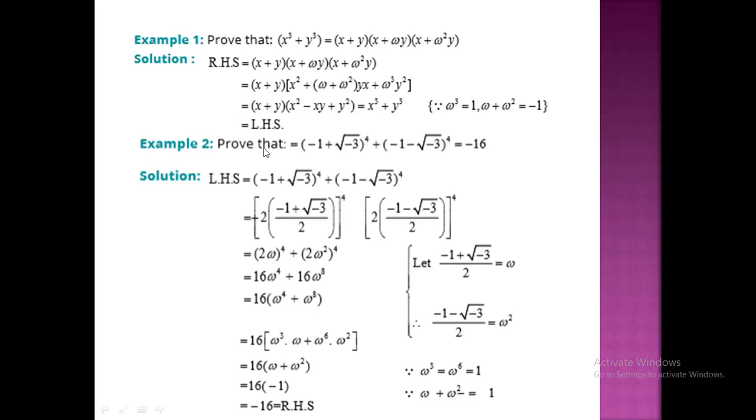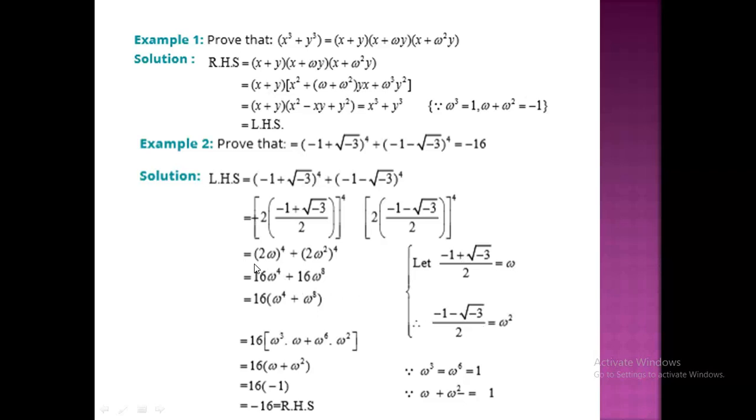Next is prove that this value is equal to minus 16. Now it is equal to omega if its diameter is 2. So we multiply and divide it by 2, and the next value we multiply and divide by 2, and this becomes 2, and this value is equal to omega, and this is equal to omega square, because this is equal to omega and this is equal to omega square.